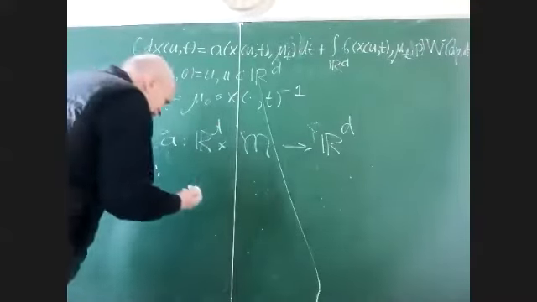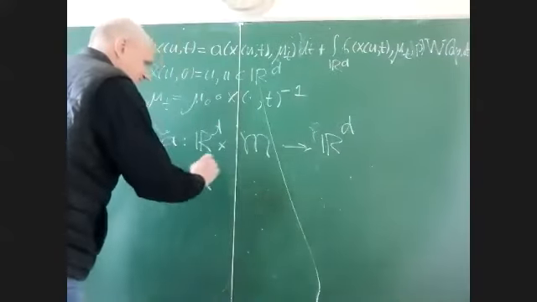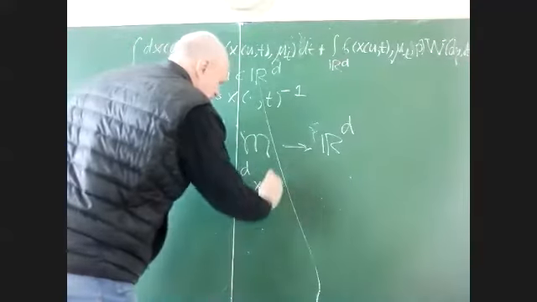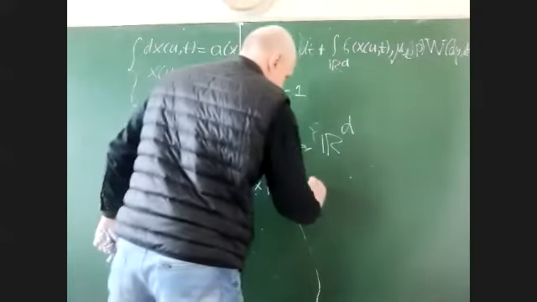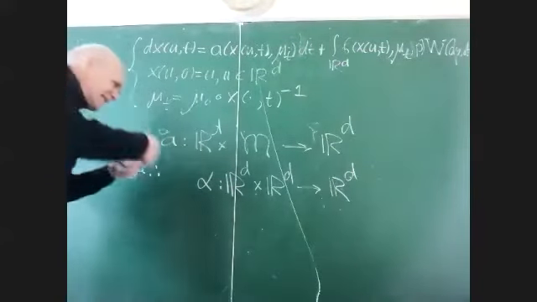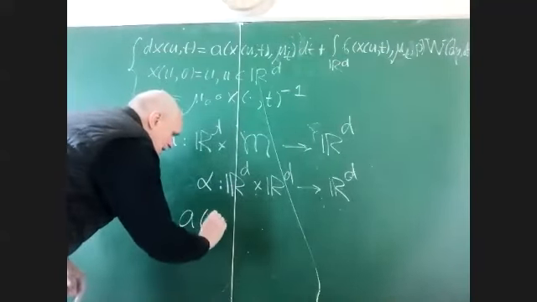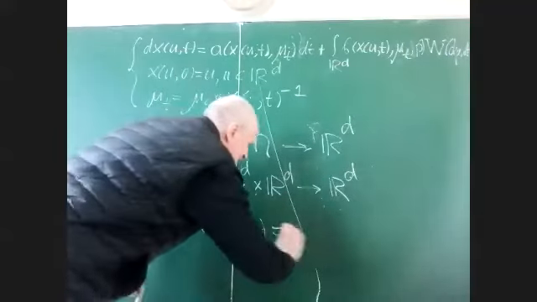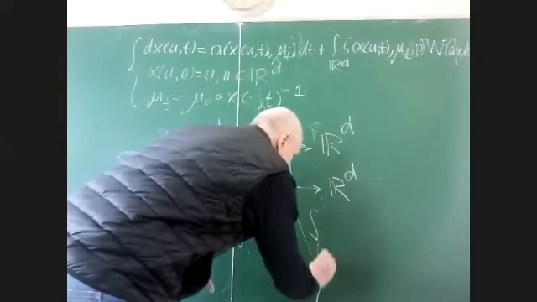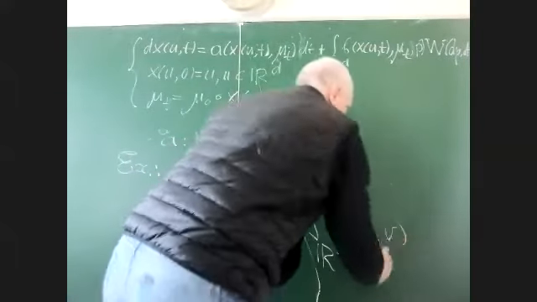Let us take some kernel alpha which acts from R^d multiplied by R^d to R^d. Of course, it is measurable, and then define A of x, mu as the integral with respect to R^d of alpha(x, v) mu(dv).